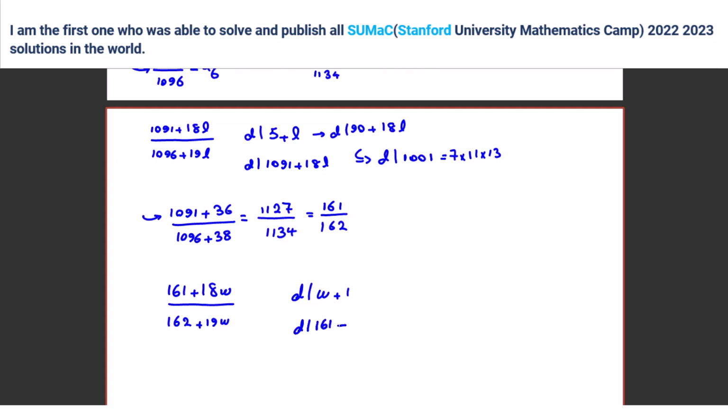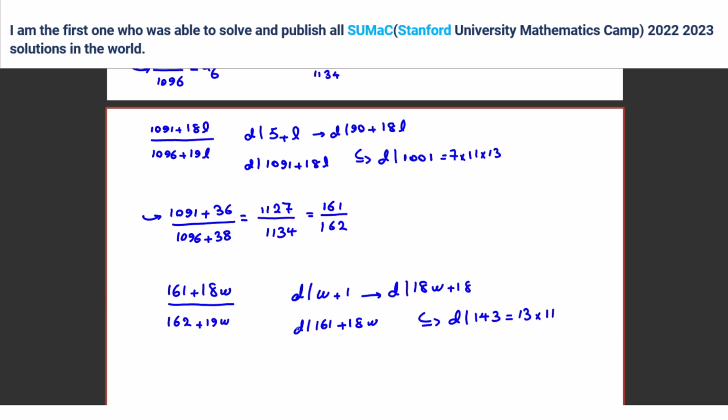D also divides 161 plus 18W, so D divides 18W plus 18. So D divides the difference, which is what? 161 minus 18 is what? 143. 143, if you prime factorize, is what? 11 times 13.